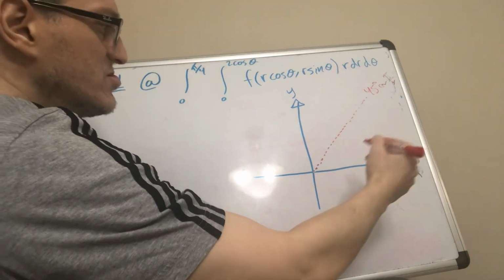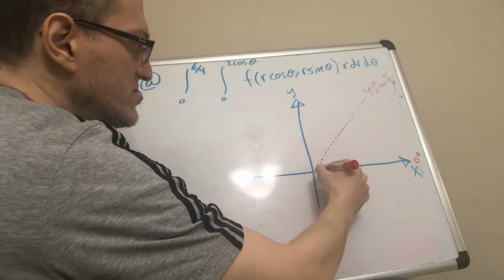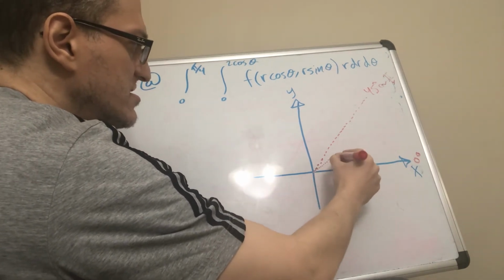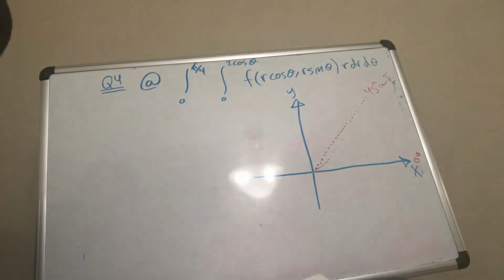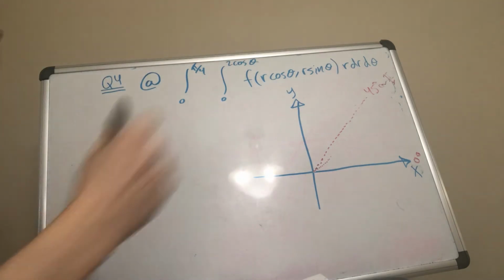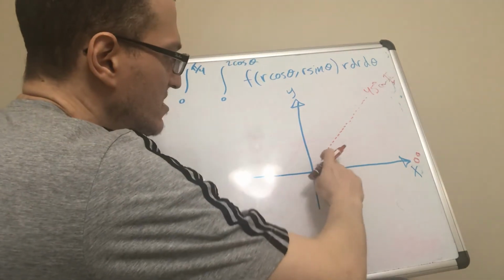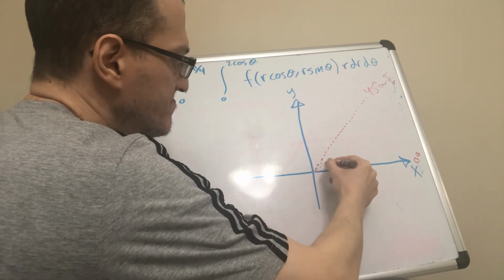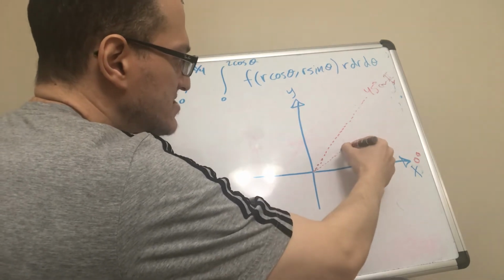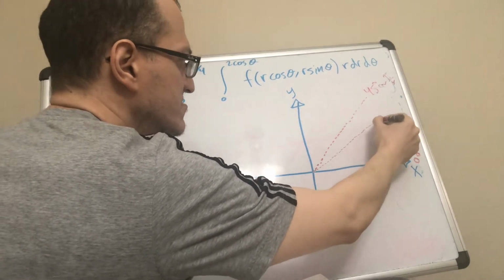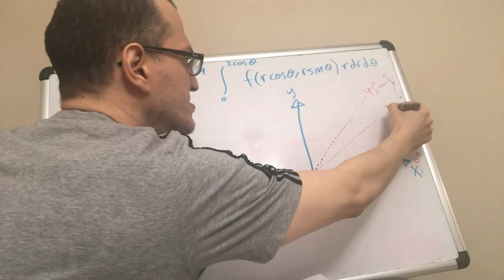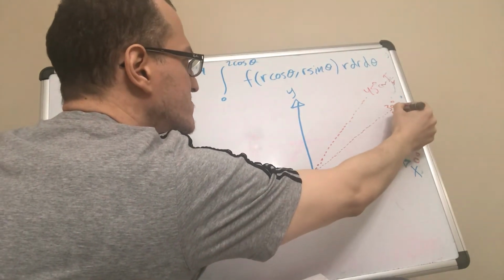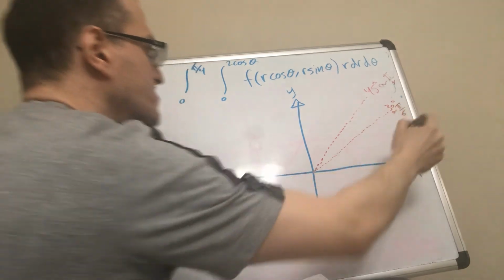I'm also going to add, maybe in a different color, angle 30, because that's another famous angle. 30 degrees, or pi over 6.